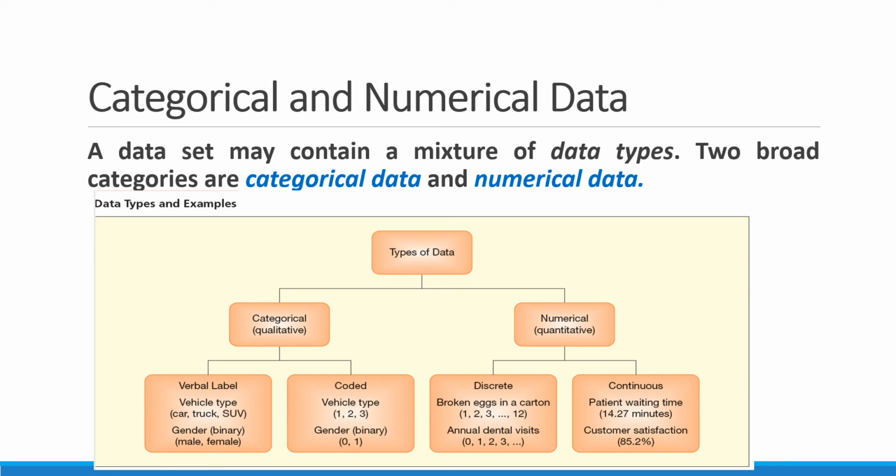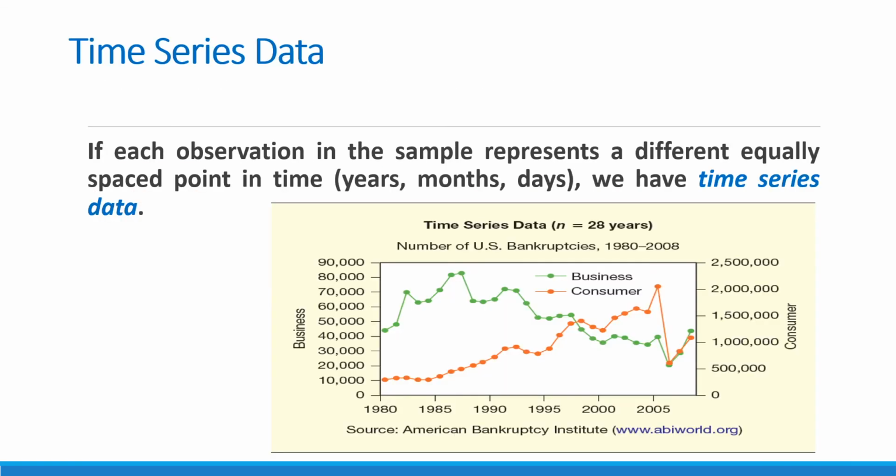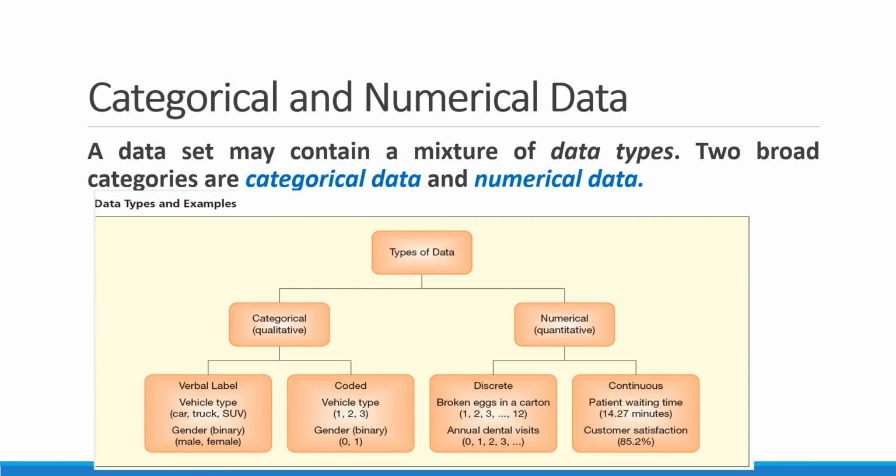The second type is numerical or quantitative data, which usually refers to measuring. In numerical or quantitative data, values arise from counting, measuring, or applying mathematical operations, and of course in this case we can apply mathematical operations.